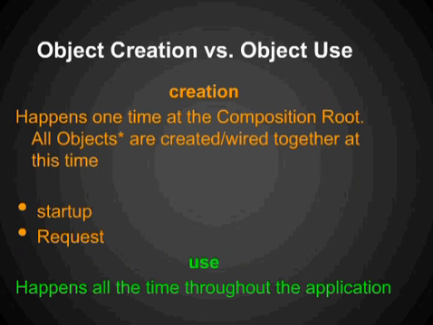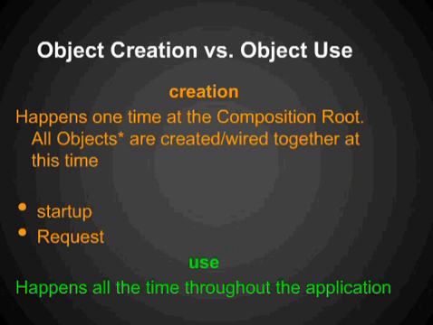Well, your first question is, okay, that sounds amusing, but how exactly does that work? Well, at the beginning of your application or during the request cycle is something called the composition root. The composition root is the place where you create all the objects that your application is going to need during its lifetime.